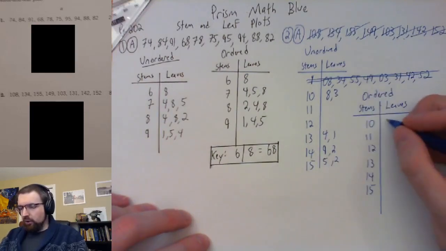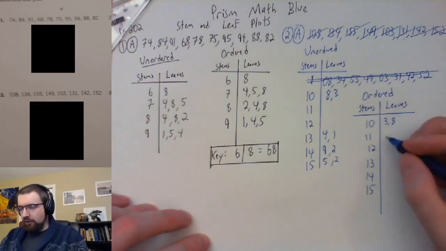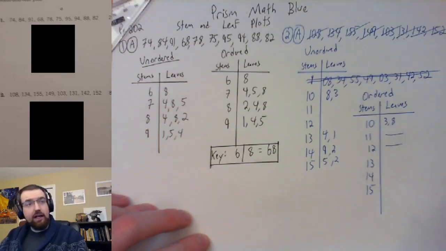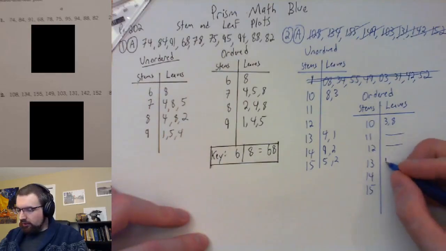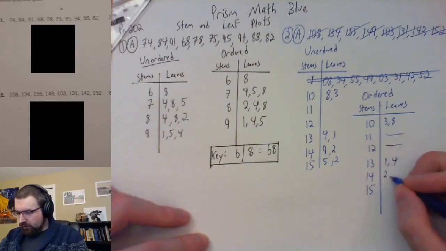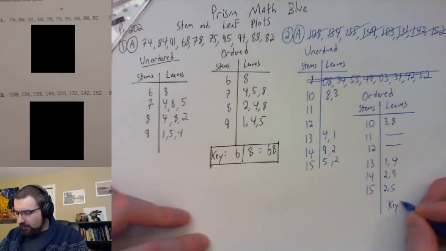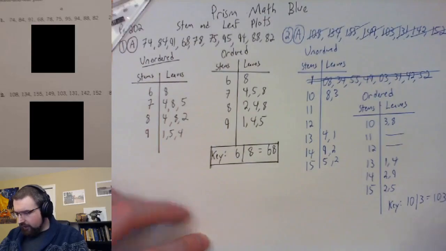Right, and now I'm just going to put them in order. So it's 3, 8. And we don't put a 0 in here. You could strike it out if you wanted to, like that. That's a fine thing to do, or just leave it blank. It's going to be a 1 and a 4, a 2 and a 9, a 2 and a 5. And then our key will be 10 bar 3 equals 103.